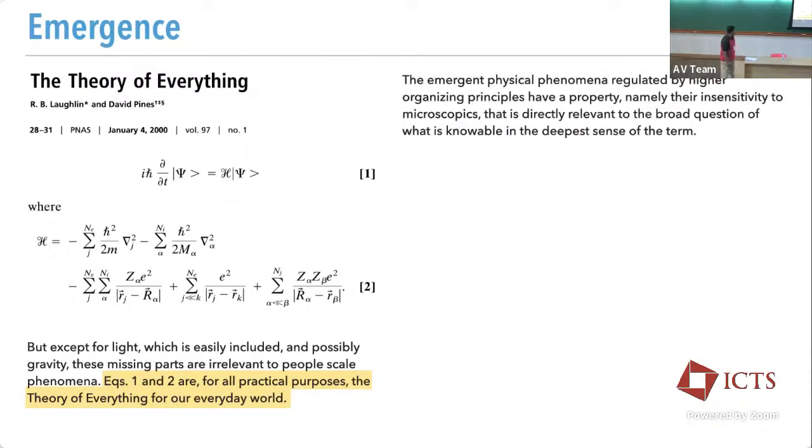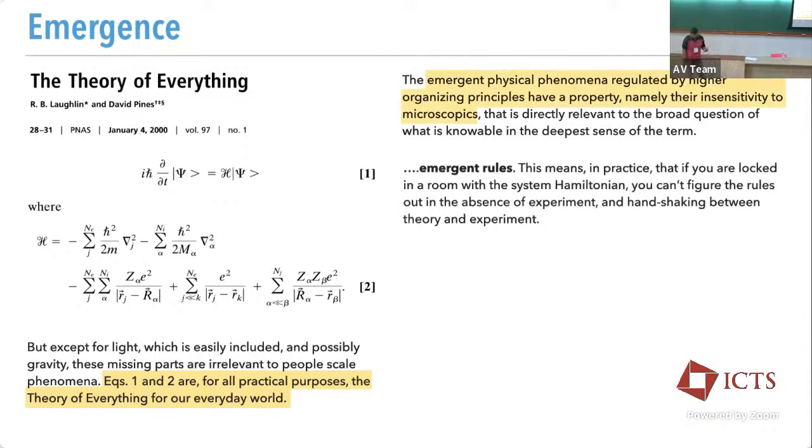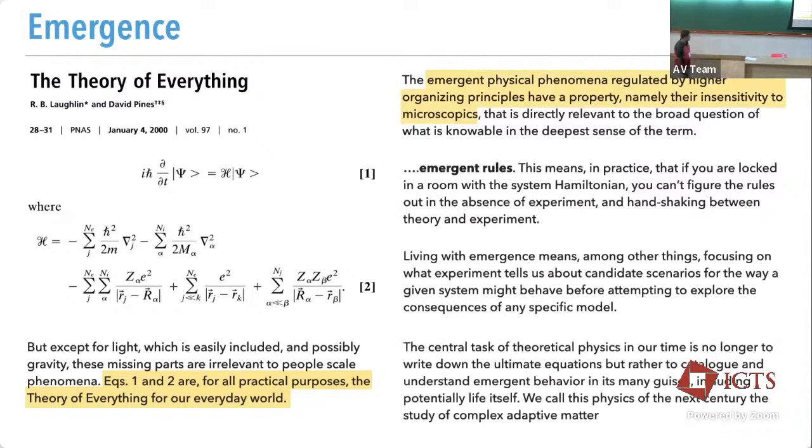That's quite difficult. So they go on to give a similar approach to what Anderson says. The idea is that there are emergent rules that you really need to bother about. Because you have a fundamental description does not mean you have an emergent description. Emergence typically requires the following input, which is crucial.